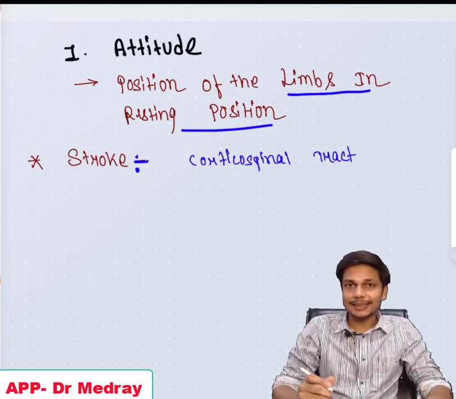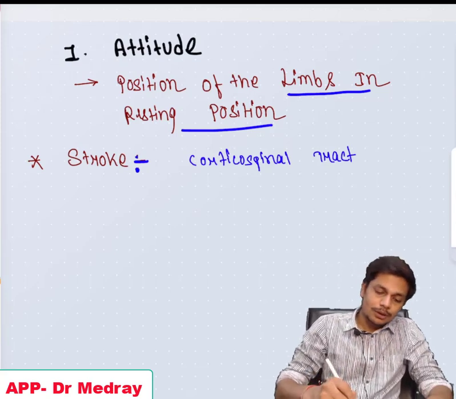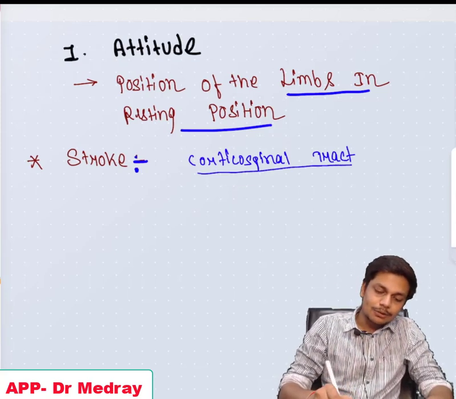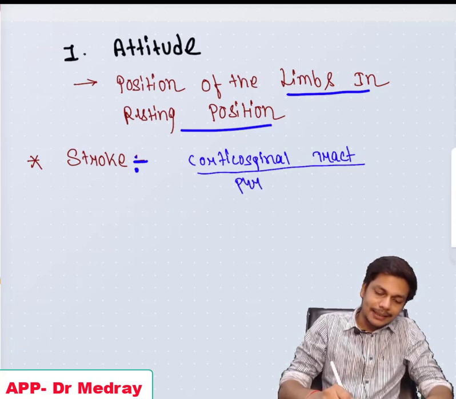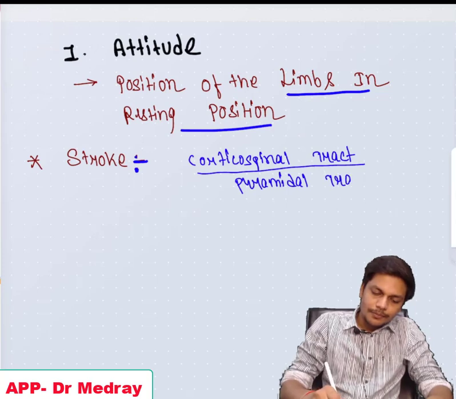So the corticospinal tract is an upper motor neuron which originates in the cortex and comes down, descending in the pyramid. So the corticospinal tract is also known as the pyramidal tract.